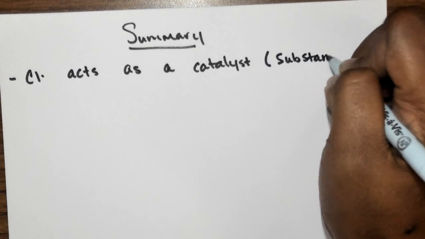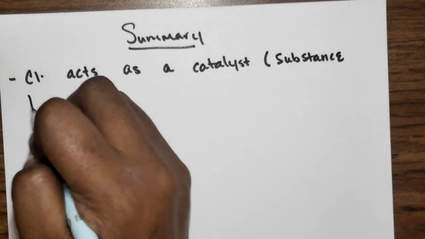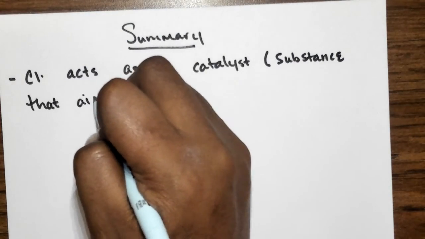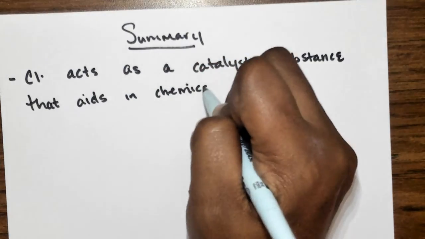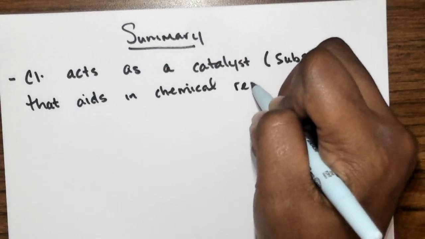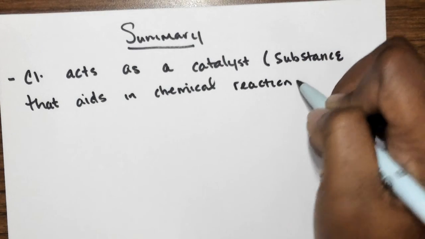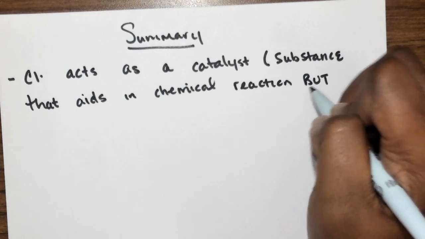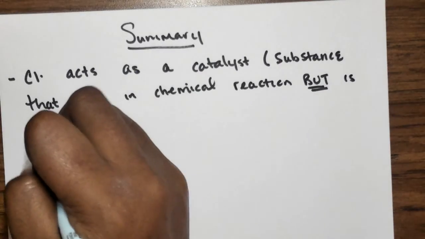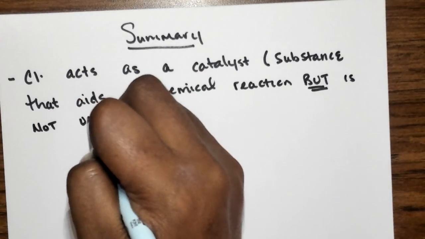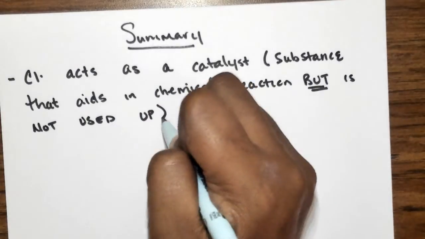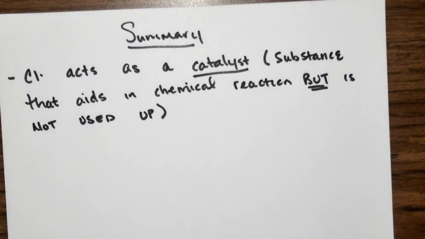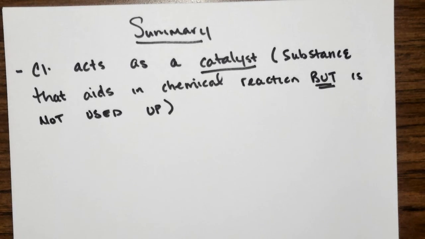So a substance that aids in a chemical reaction but is not used up. Okay, so that's what a catalyst is. So your chlorine free radical acts like it's a catalyst.